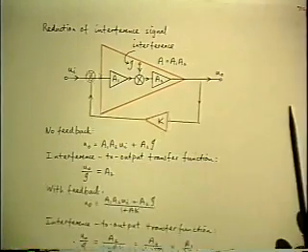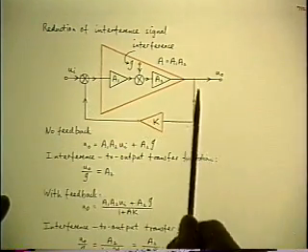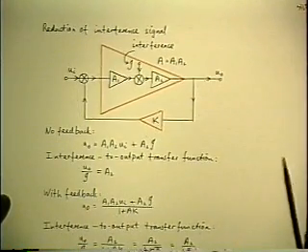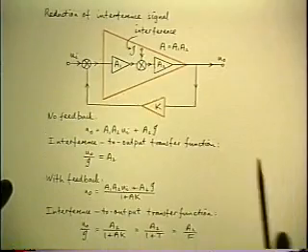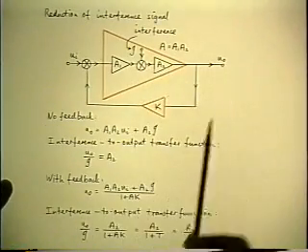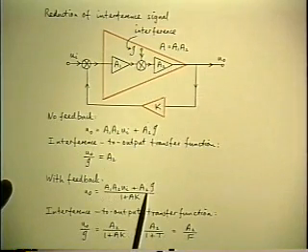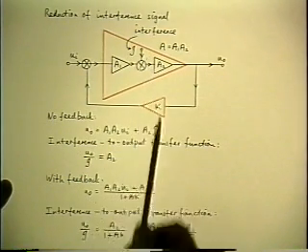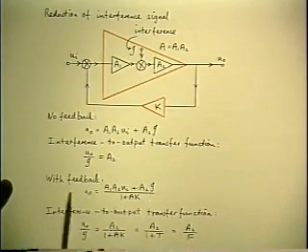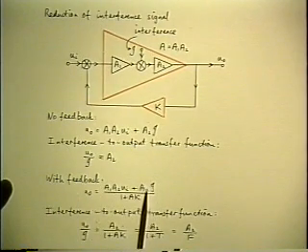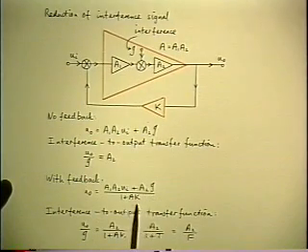Now to see what effect feedback has on that, we put the K box around it and close the loop. Now we solve the problem again for the interference to output transfer function. You solve the simultaneous equations as before, but we have an added term now from the I. And when you solve it, you find that the I affects the output with a coefficient of A2 over 1 plus AK.